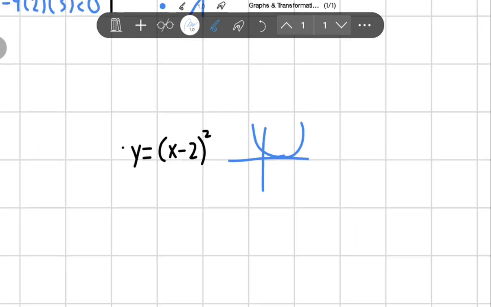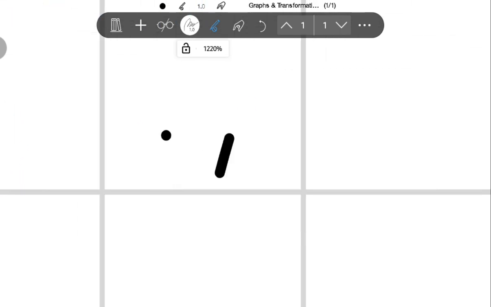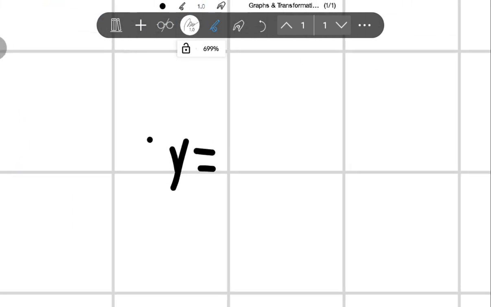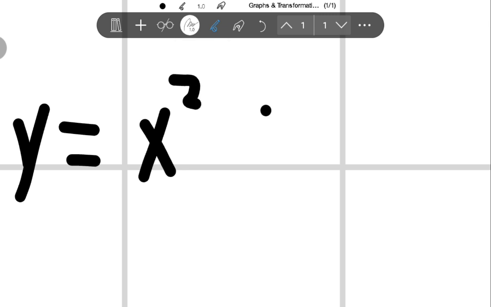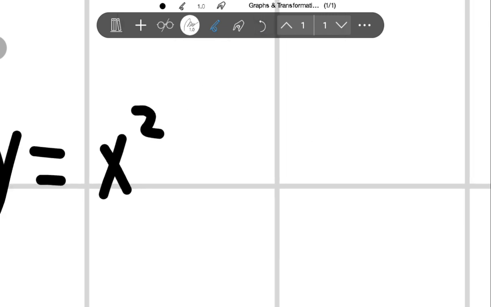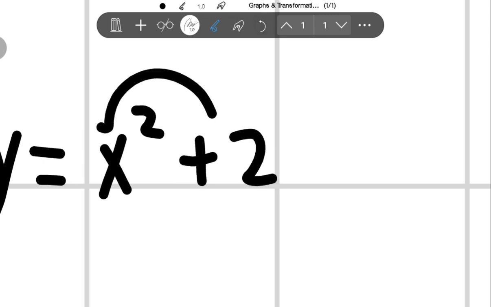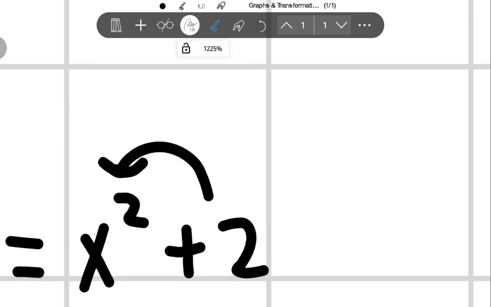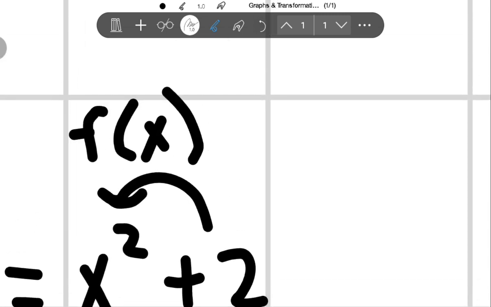And let's look at another function as well, but this time we'll manipulate the y coordinates. Let's look at y equals x squared plus 2. You see, now the plus 2 is not within the x. The plus 2 is added to the f of x, aka you can just assume this to be f of x. So the plus 2 is over the entire function itself.